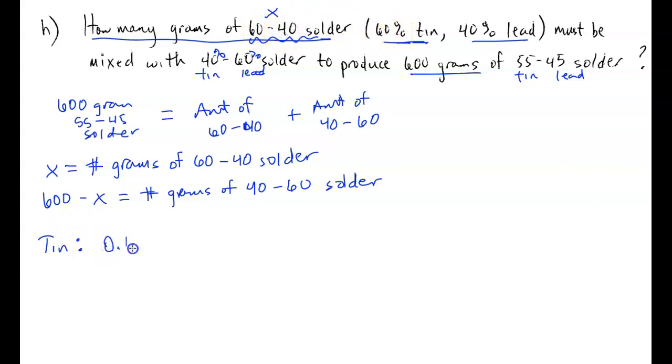So 60%, that's 0.6 times X. Plus, for the tin, I have 40% here, which is 0.4, times the amount of the 40-60 solder, which is this 600 minus X. So I know that 60% tin from the 60-40 plus 40% tin from the 40-60 has to equal 55% of the 600 grams. So that'll be 0.55 of 600.